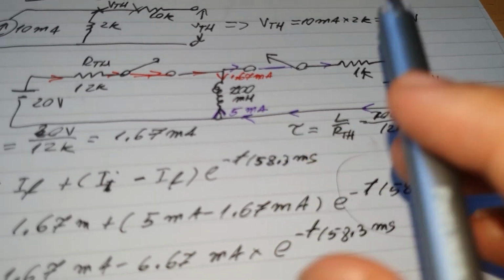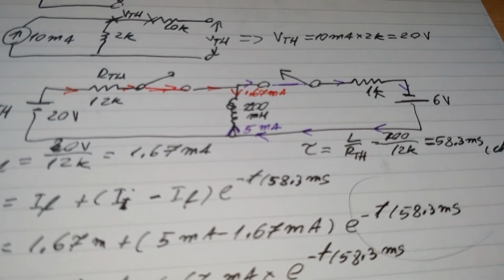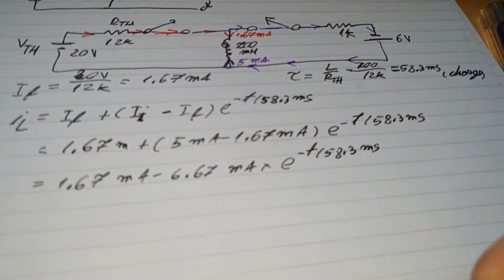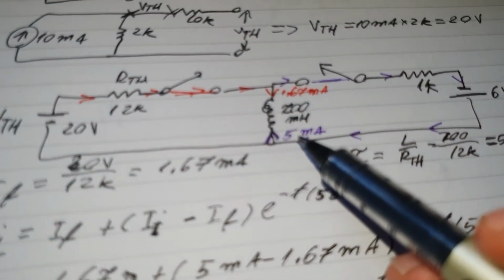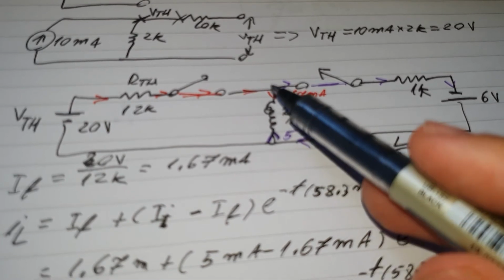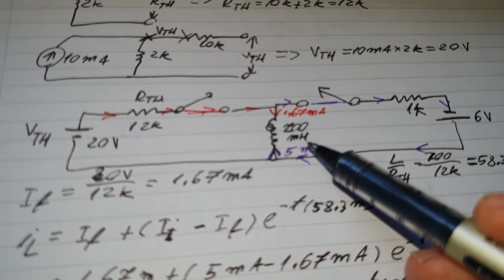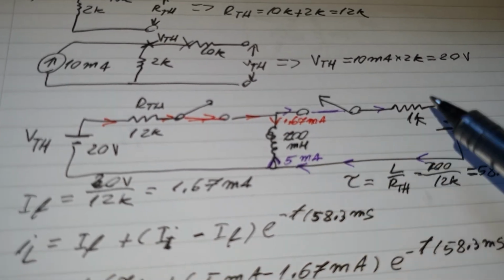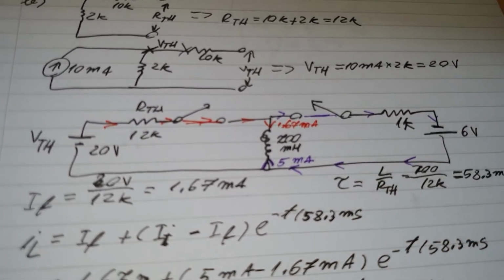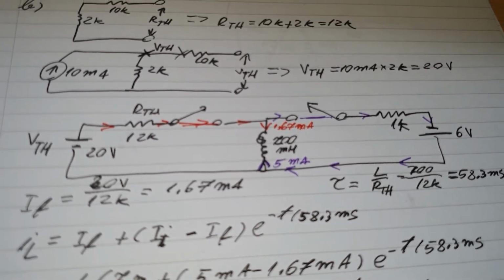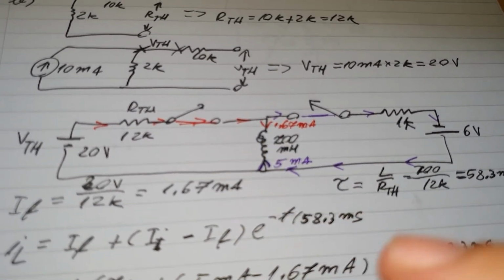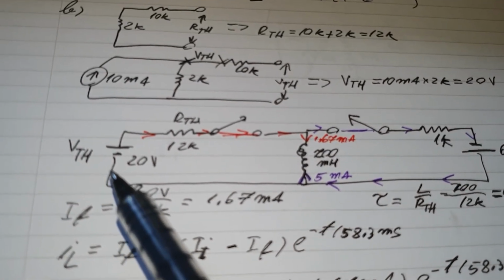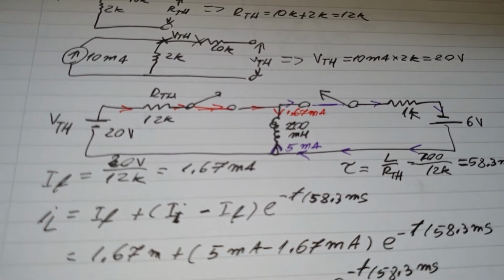That's what C is asking us to do, and it is actually pretty simple, because you can already see that the 5 milliamps is a larger value than the 1.67 milliamps, so we already know the current will go from down to up, and the 6 volt source will become the predominant source and the current will follow it, because the current is larger than this one that has a voltage source of 20 volts but a resistance of 200k.